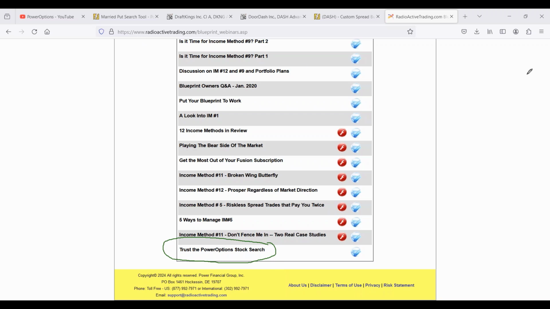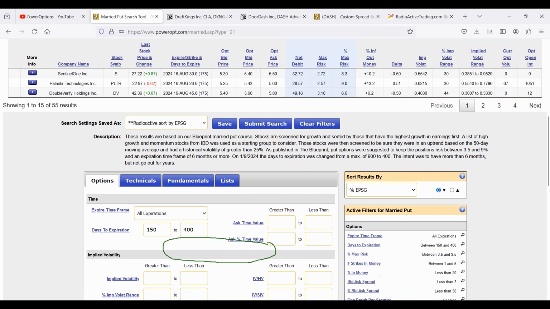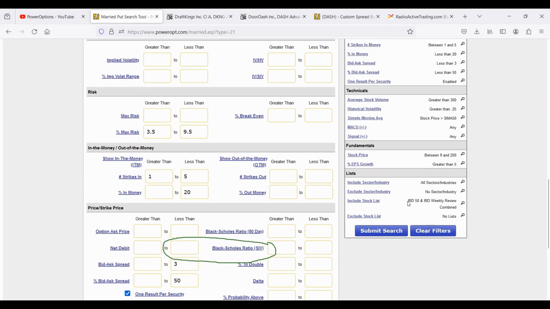Then what we did is we took the same exact Married Put criteria, but changed the preferred list to just S&P 500 stocks and did the same thing. NASDAQ 100 stocks, did the same test. Value Line portfolios that we had in there at the time, did the same test.